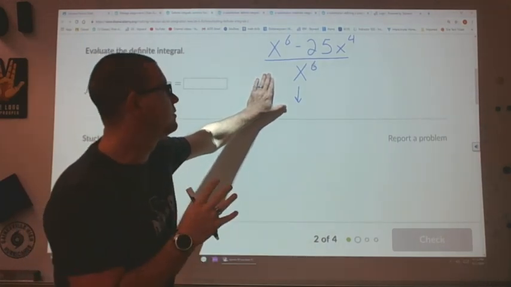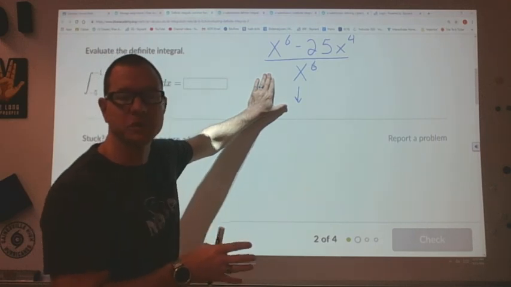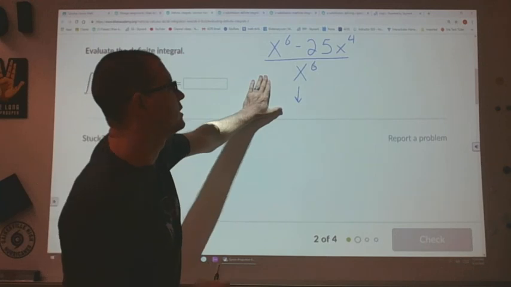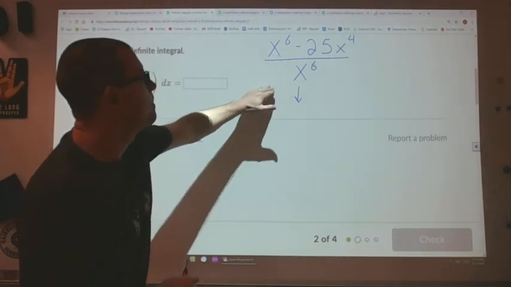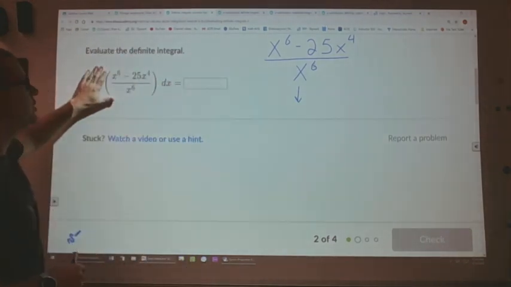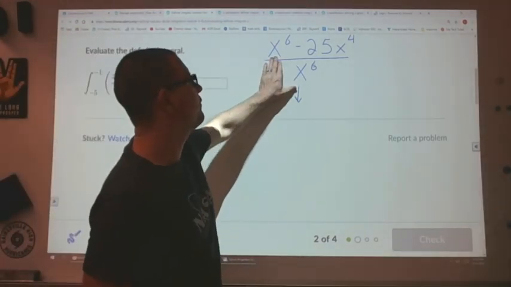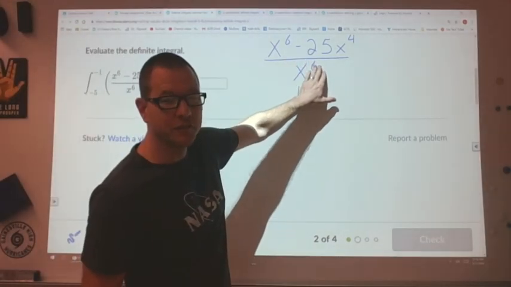So with derivatives, we had logarithmic differentiation to take the log and break everything up by properties of logarithms to do that. For integration, we don't have logarithmic integration, but this we can simplify just by decomposing the fraction.